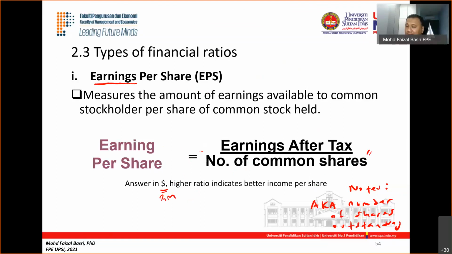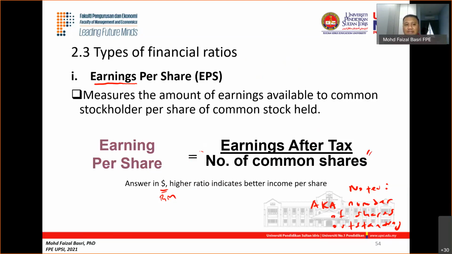But we are not talking about the dividend yet. We are just talking about the net profit per share basis. So I cannot calculate based on the example earlier because we don't have number of common shares available. Okay, so that's EPS, earning per share.